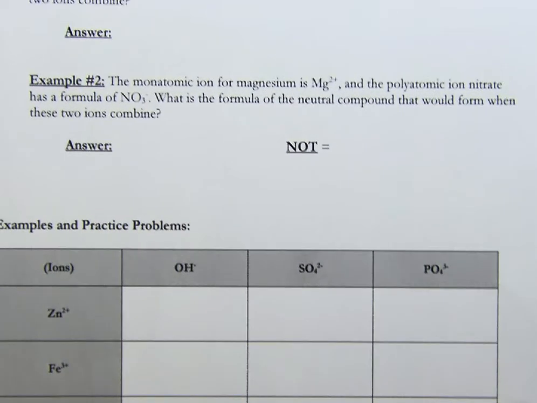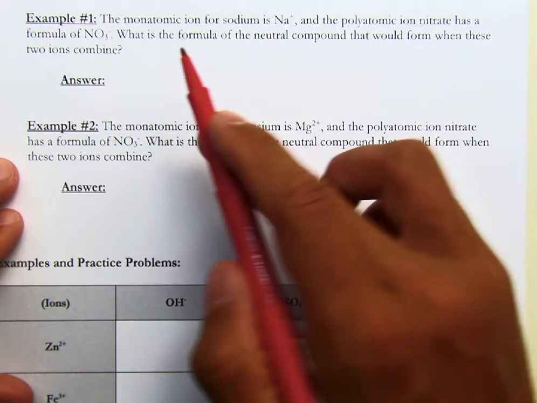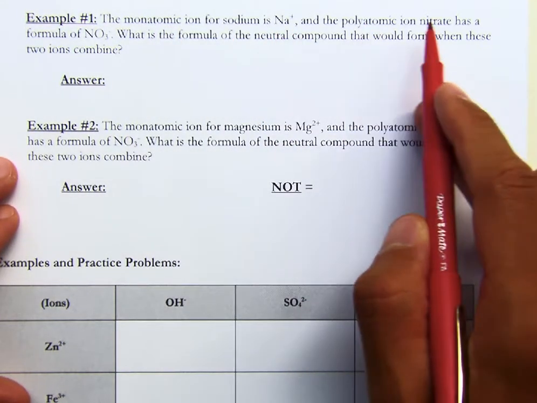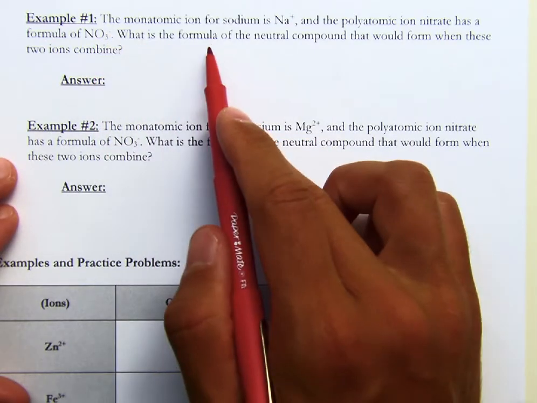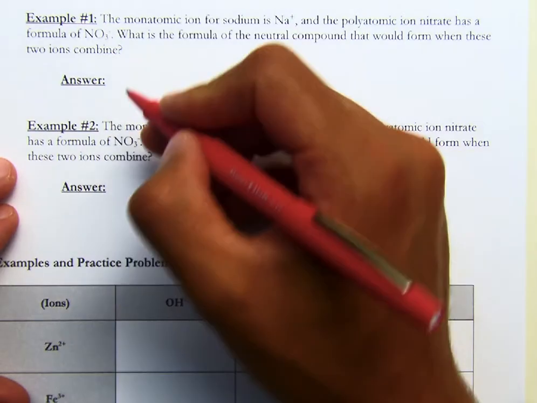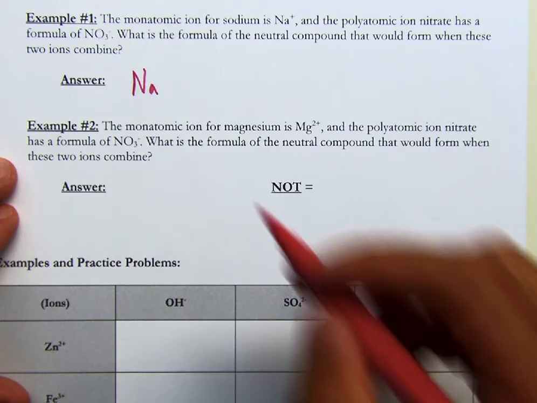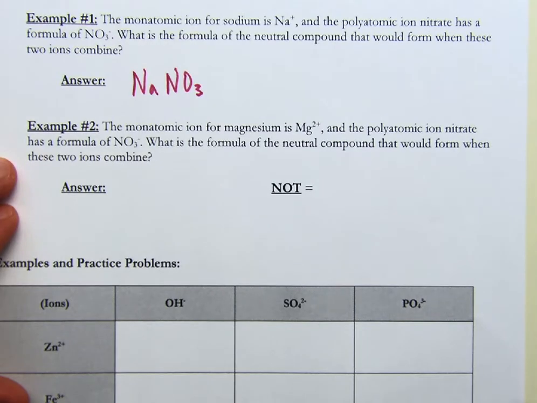So here it says the monatomic ion sodium is Na, and the polyatomic ion nitrate is NO3 negative. What is the formula of the neutral compound that would form between these? So you have Na, that's sodium, and then you have NO3, that's nitrate.